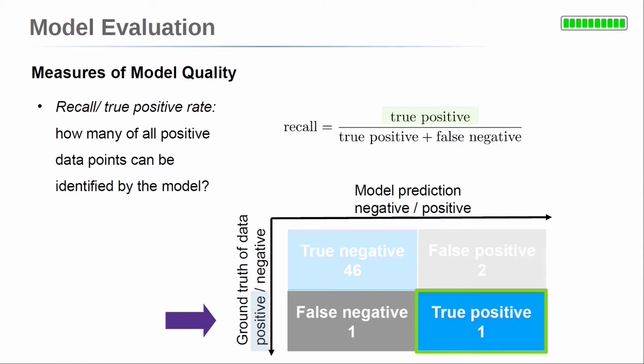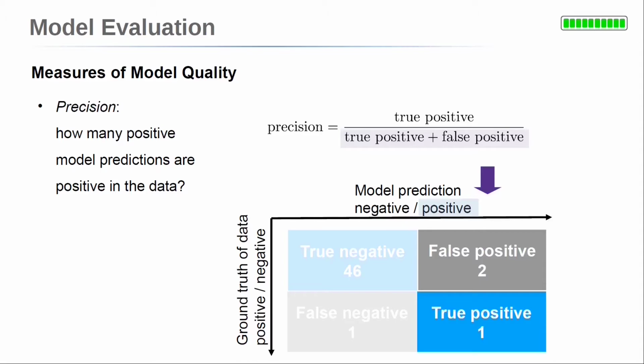So the true positives are related to the sum of true positives and false negatives. For our simple example, half of the positive data is predicted correctly by the model. Just looking at the recall score is not enough because it prefers models which are always positive.